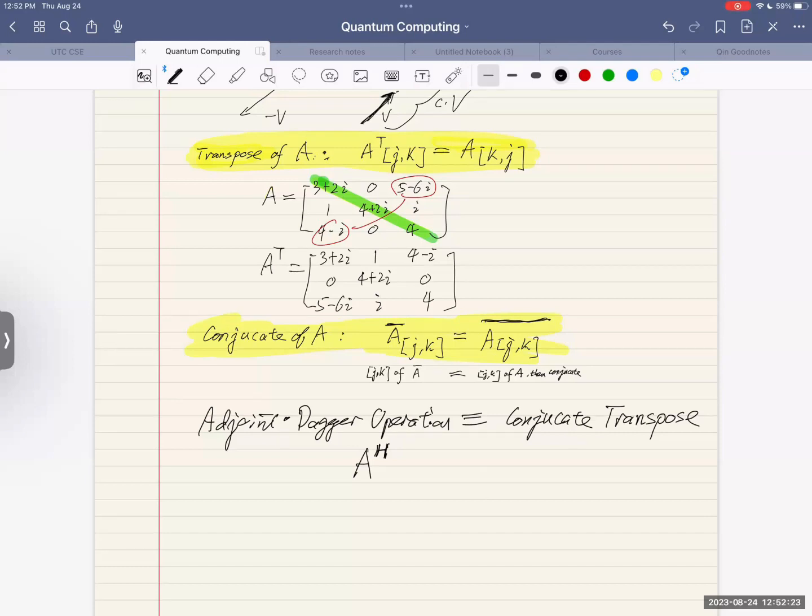Okay. So another definition is basically A's conjugate followed by transpose, or A transpose followed by conjugate.